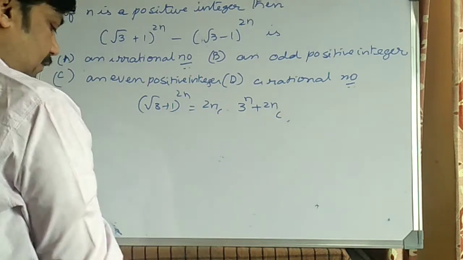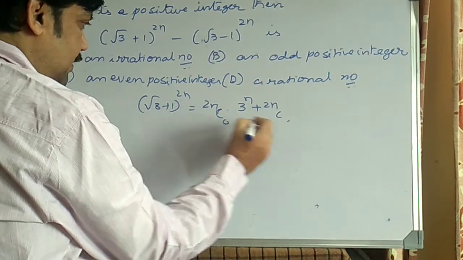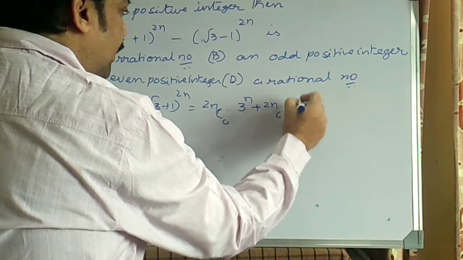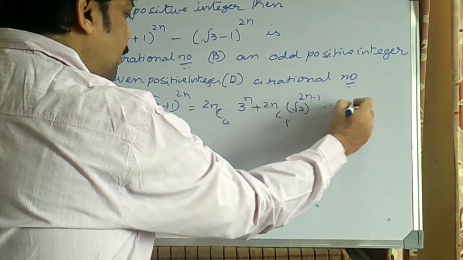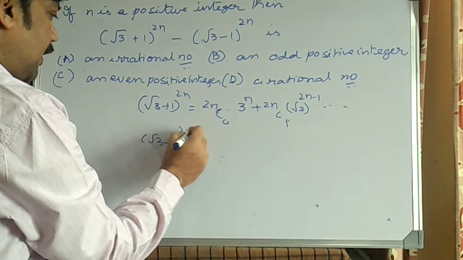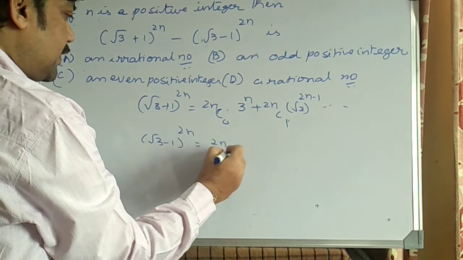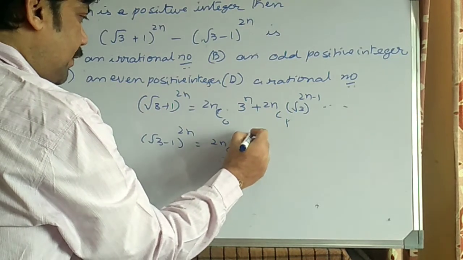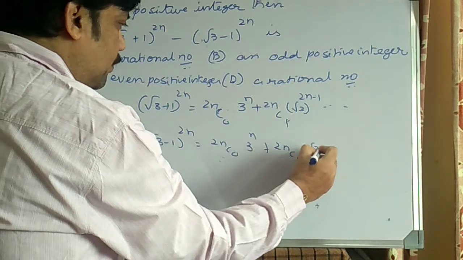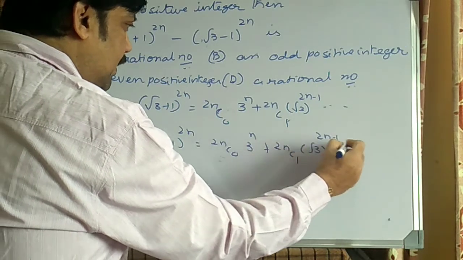Let me say starting from the beginning: 2nc0, then 2nc1 into (root 3) whole to the power 2n minus 1, continued. If I take (root 3 minus 1) whole to the power 2n, I have now 2nc0 into 3 to the power n plus 2nc1 into (root 3) whole to the power 2n minus 1, continued.